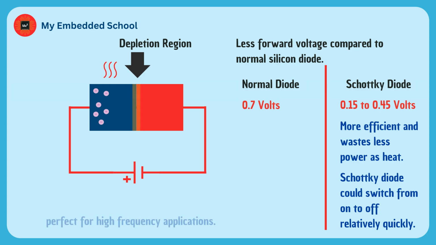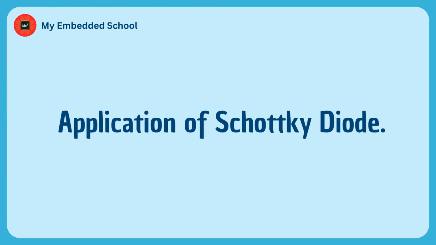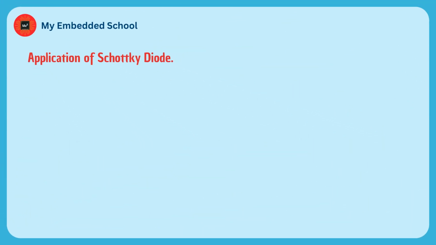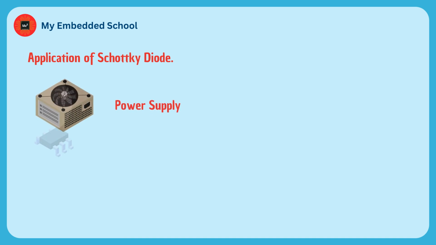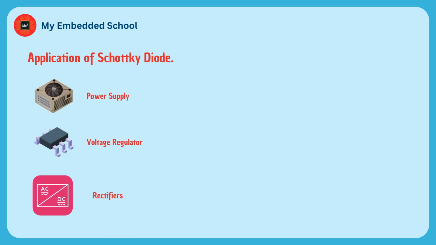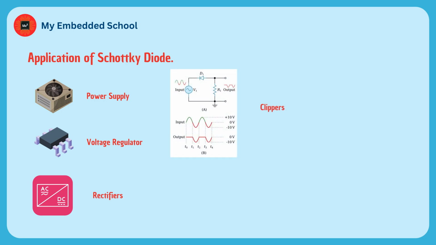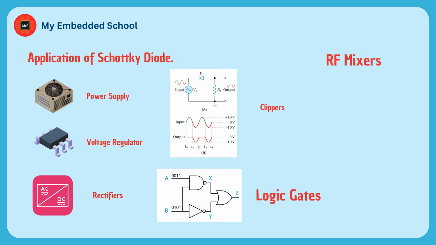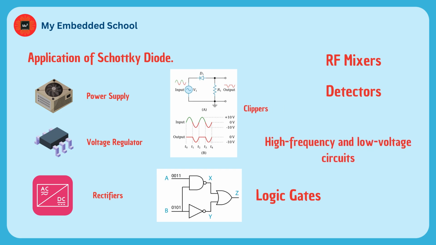The Schottky diode is hence perfect for high-frequency applications. Application of Schottky diode. Schottky diodes have many applications in electronics, such as in power supplies, voltage regulators, rectifiers, clippers, clamps, logic gates, RF mixers, and detectors. They are especially useful for high-frequency and low-voltage circuits, where they can reduce power loss and improve efficiency.